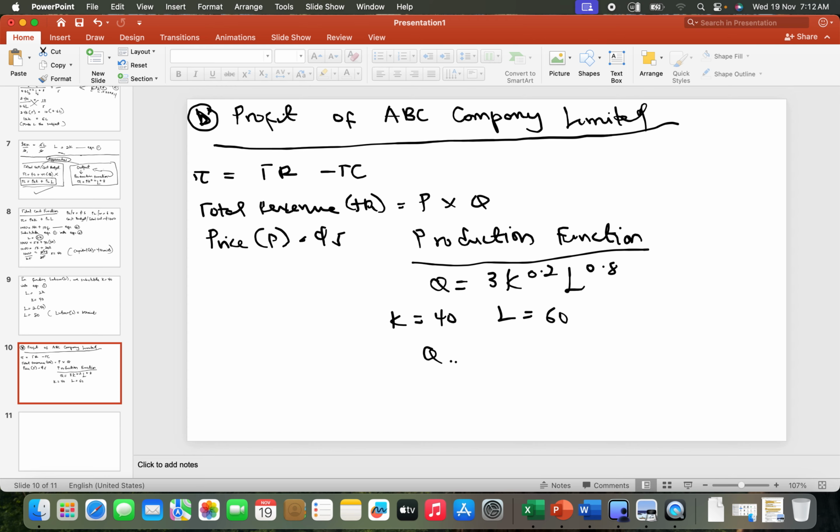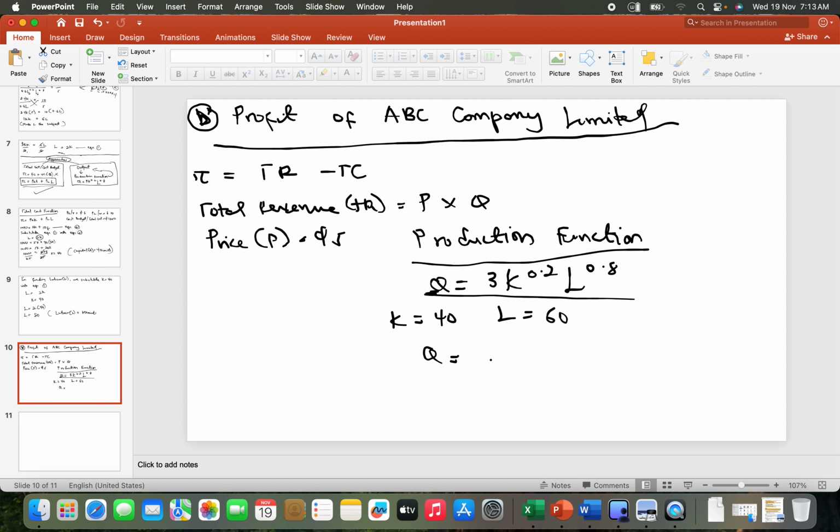We would have to substitute them into this equation to get the Q. So 3 into bracket 40 exponent 0.2, 60 exponent 0.8.